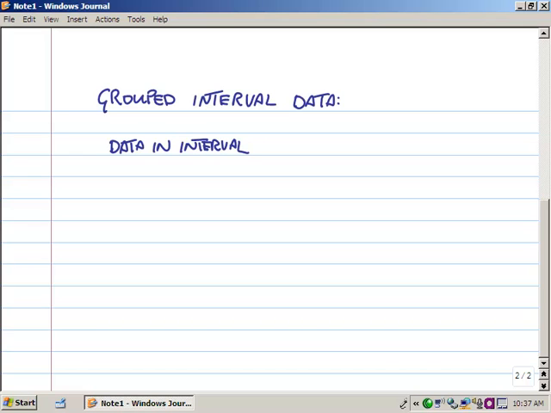But of course, when we have data in intervals, for example, age 20 to less than 30 years is an example of an interval. But when we have data in intervals, we lose some information.